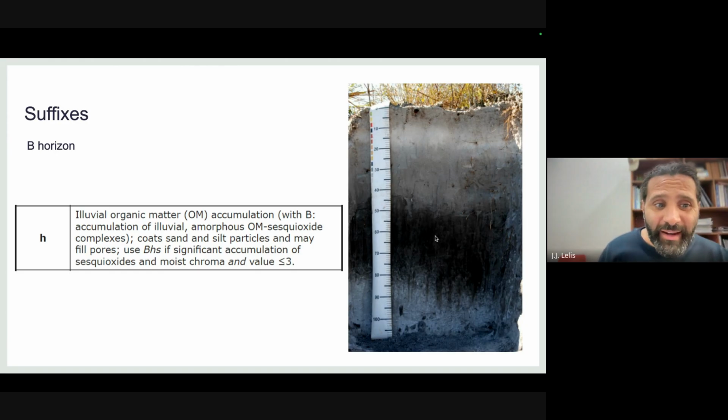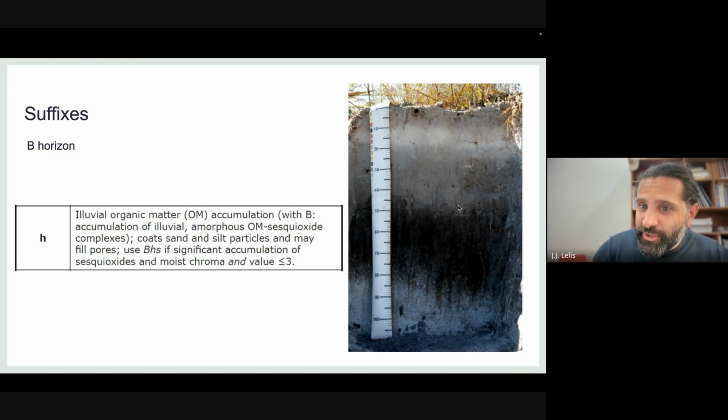Okay, this kind of horizon is more common in sandy materials, because in sandy materials, the migration of organic matter can be done very easily. Okay, because when you register especially high precipitation associated with sandy textures, the water that penetrates through the sandy soil can bring some organic material from the surface horizons to the deepest horizons.